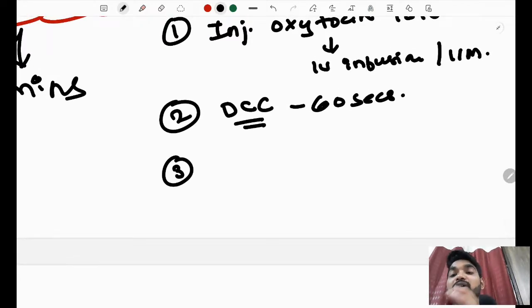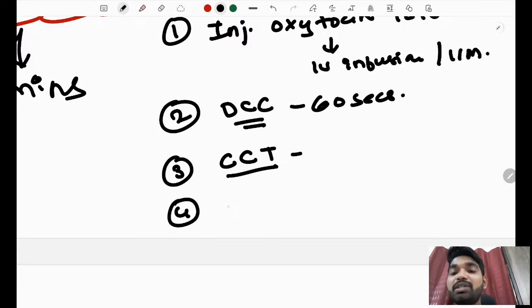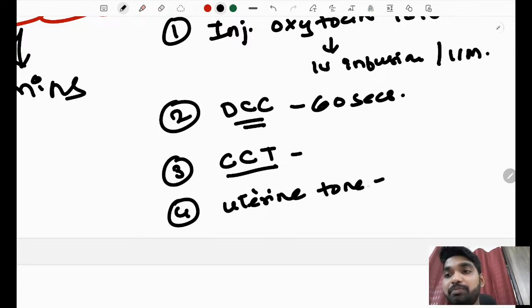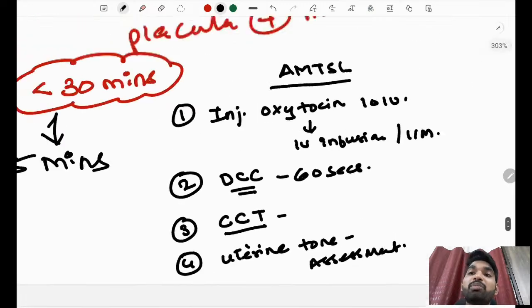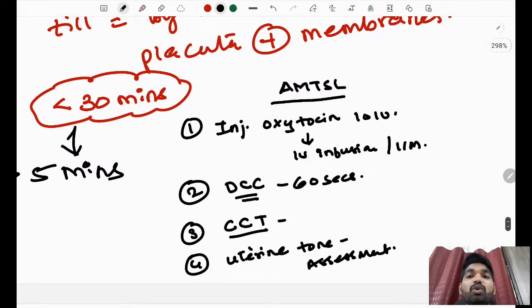Third step is delivery of the placenta by CCT, controlled cord traction. And the last step is uterine tone assessment, intermittent assessment of uterine tone. These are the 4 golden steps that you need to remember. By following these steps, you are going to decrease the third stage of labor from 30 minutes to 5 minutes. Understood? Right.